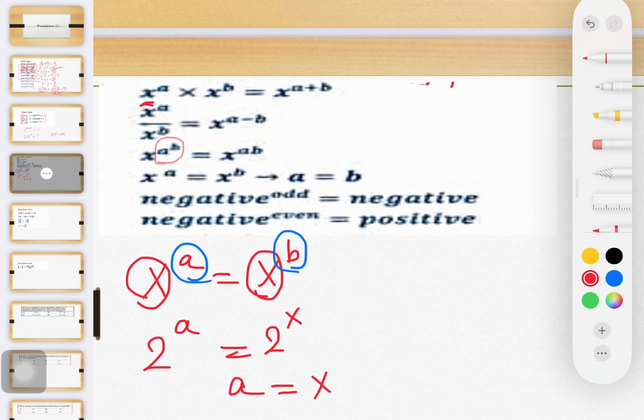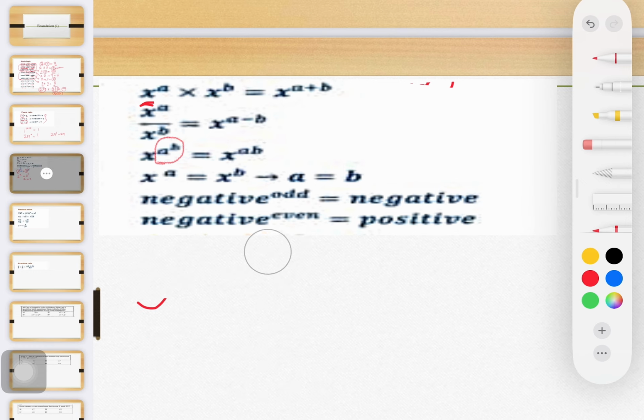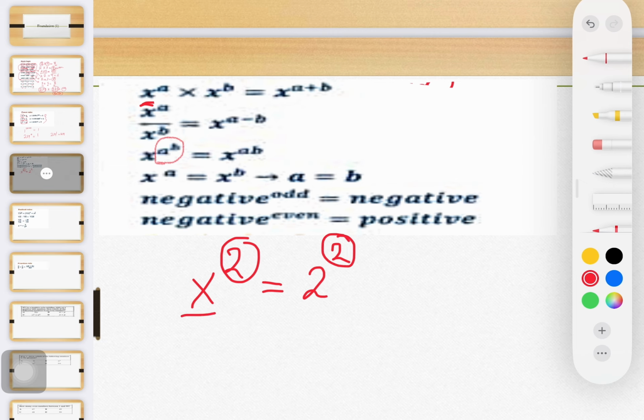And we can use it in the reverse way. If we have the same powers, it means the numbers are the same. If I have x to the power of 2 equals, for example, 2 to the power of 2, here I have the same powers, which means the numbers are the same, so x equals 2. Okay.